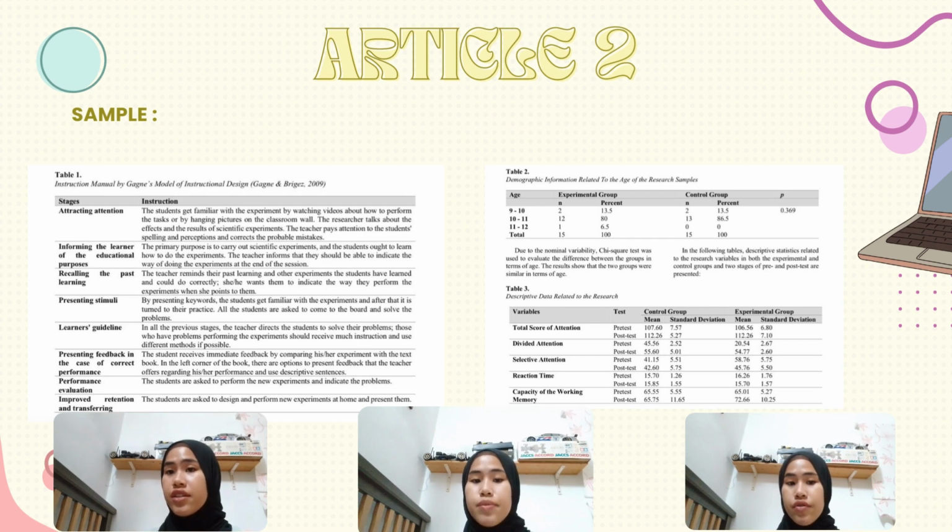There was a significant difference between the means of the experimental and control group tests in the sub-scales of divided attention and reaction time. Table 4 shows that Gagne's models of instructional design improve divided attention, increase the capacity of working memory, and reaction time in ADHD.